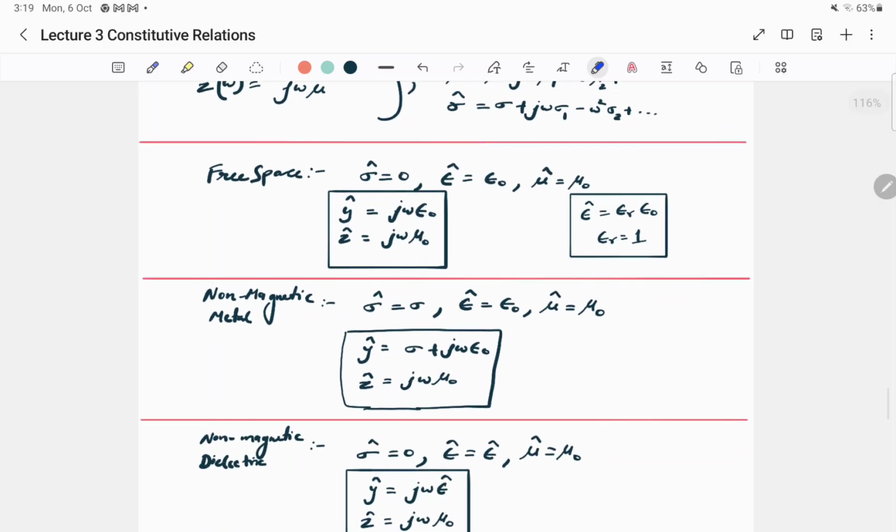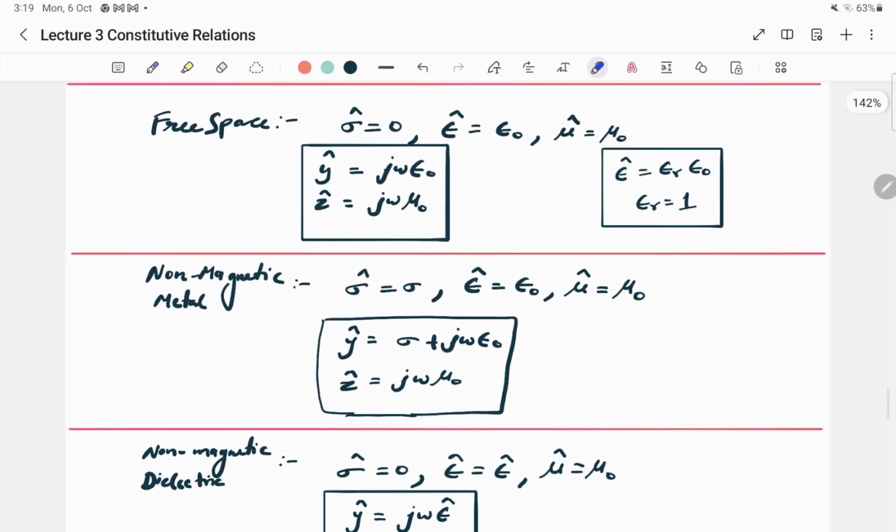What happens for non-magnetic metal? For non-magnetic metal, sigma cap is equal to sigma, epsilon cap is equal to epsilon naught and mu cap is equal to mu naught. So when you substitute these values, you get the admittivity of non-magnetic metal as sigma plus j omega epsilon naught and impedivity of non-magnetic metal as j omega mu naught.